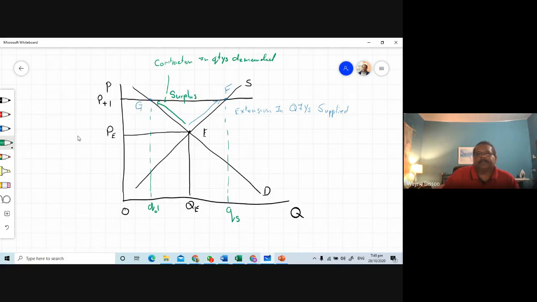So what is going to happen? Surplus goods mean that goods are sitting on the shelf or in a store and nobody's buying them. Once a firm has goods sitting in the store, it means that their resources are tied up in the form of unsold product. They have to get rid of it. How do they get rid of it? Suppliers will begin to offer the same products they were willing to sell at the higher price P plus 1 at a lower price.